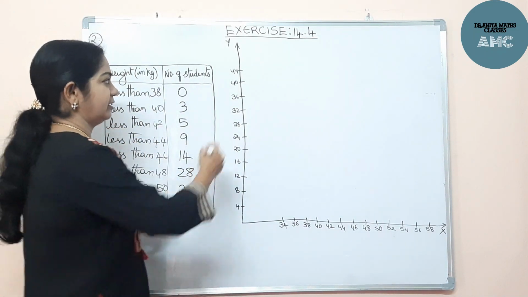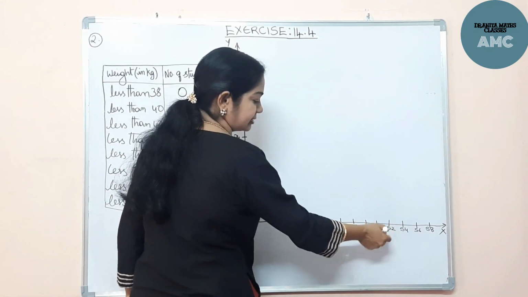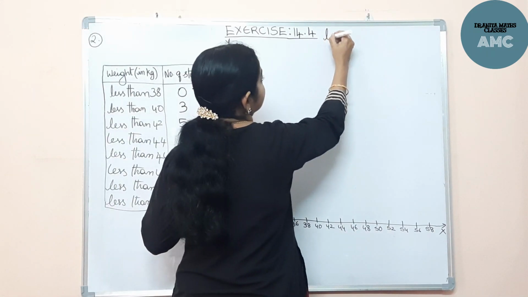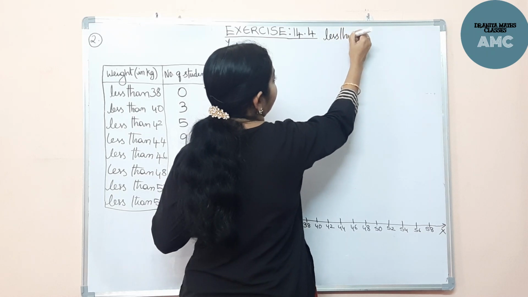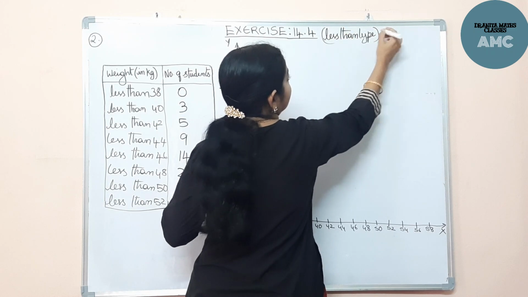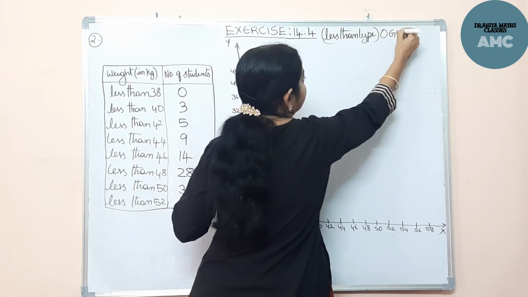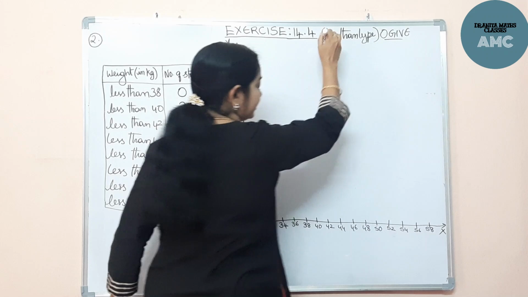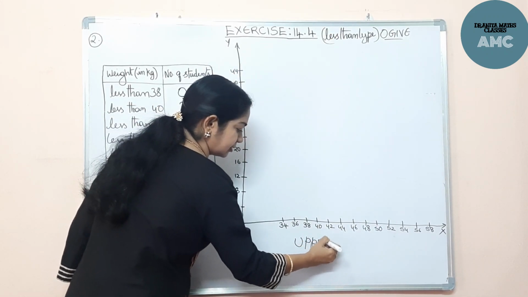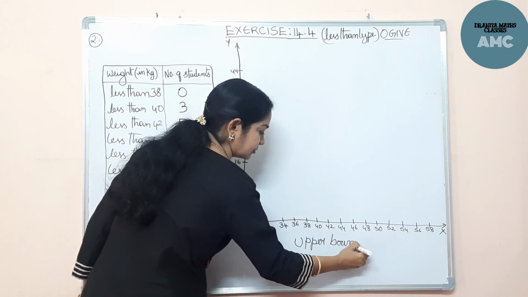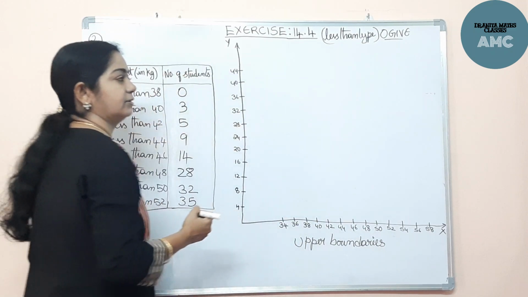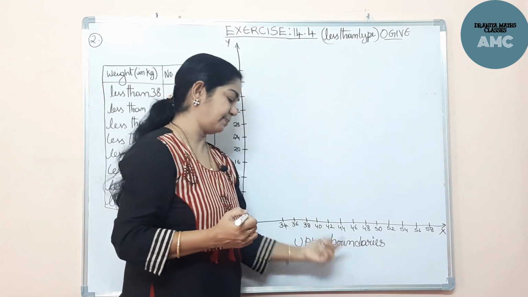For the less than type, when taking the x and y coordinates, we have to remember that we take the upper limits, the upper boundaries, on the x-axis. Remember, less than type, upper boundaries.